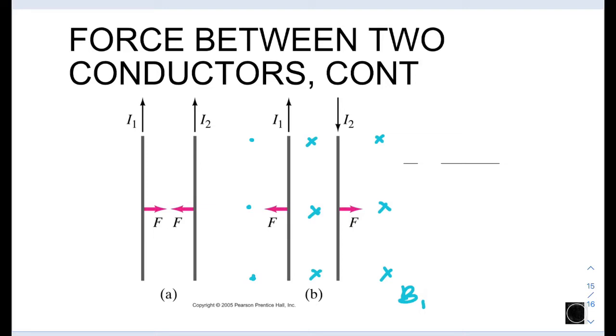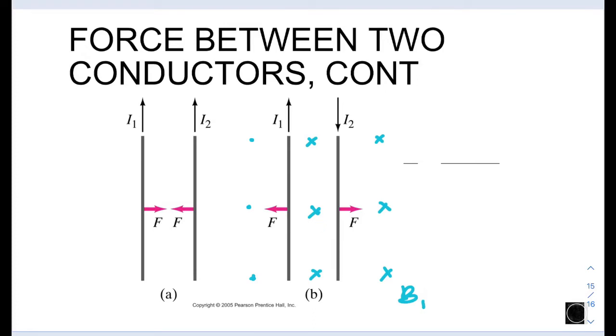To consider the force experienced by wire 2, we are going to use right hand rule number 1, where you place your index finger along the I2 direction to the bottom of the page.